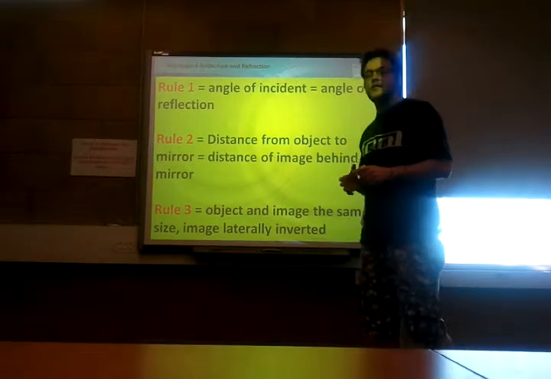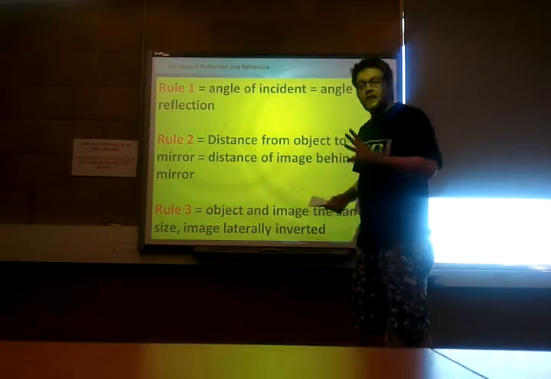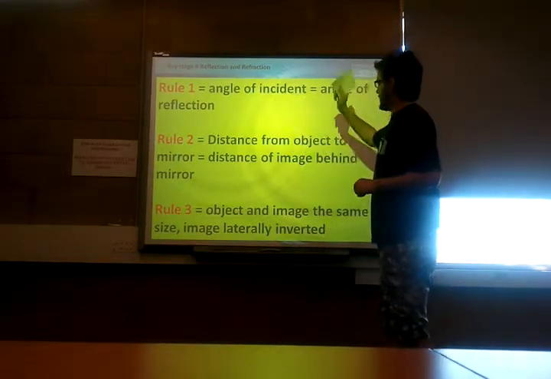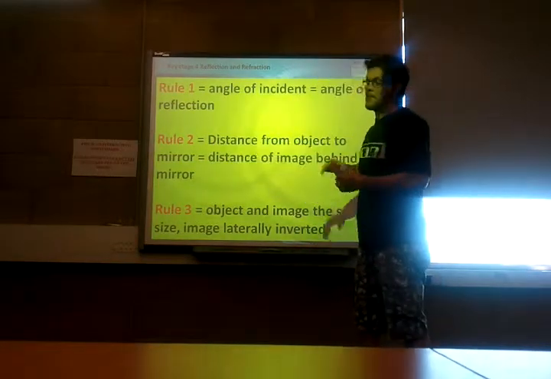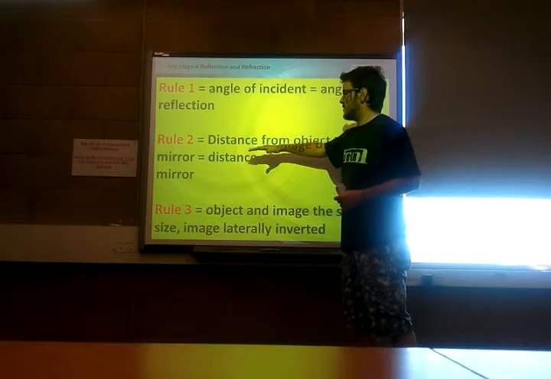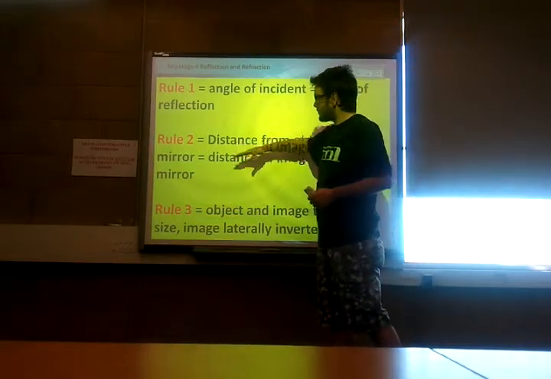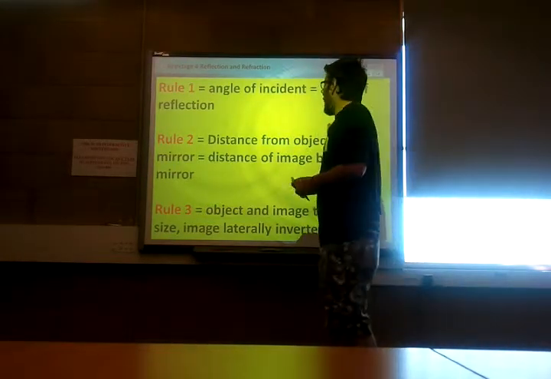So as I said, there are 3 general rules of reflection. Rule number 1 is that on a flat reflective surface, the angle of incidence is equal to the angle of reflection. Remember, as long as it's on a flat surface; if the surface is bent, then it's different. But if the surface is flat, then the angle of incidence is the same as the angle of reflection.